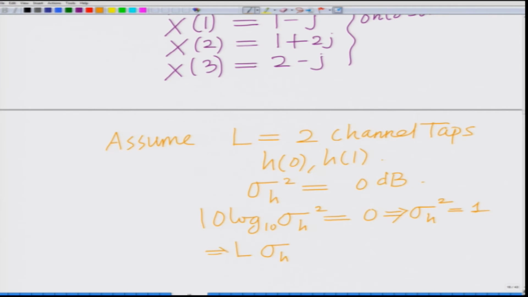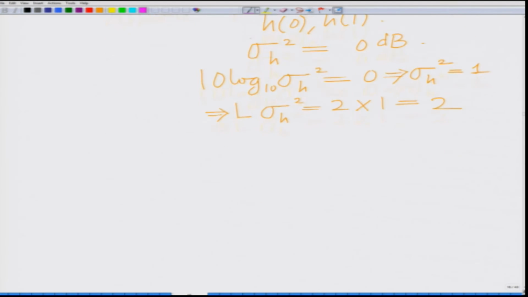Therefore, L sigma h square, since we have L equal to 2 channel taps, 2 into 1, is equal to 2.